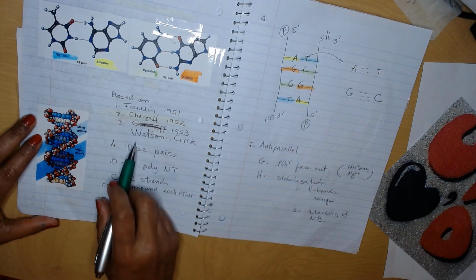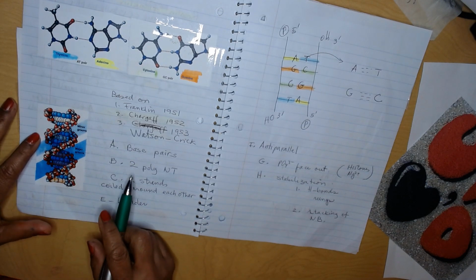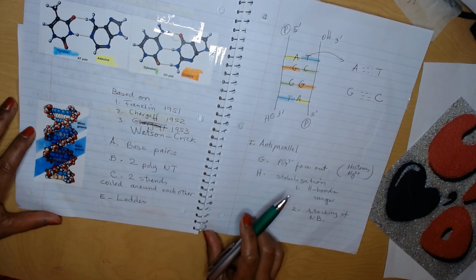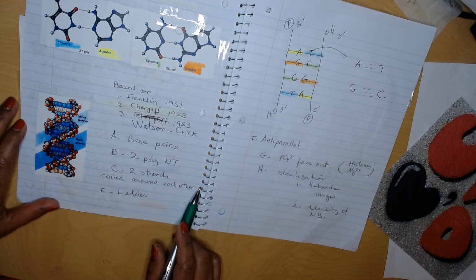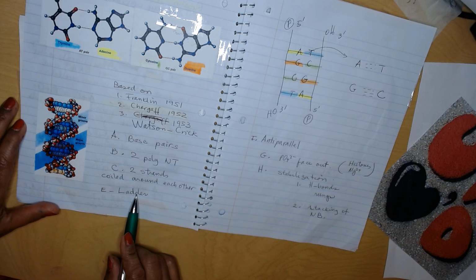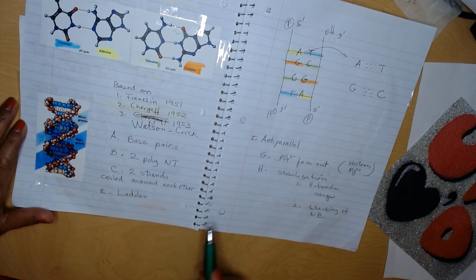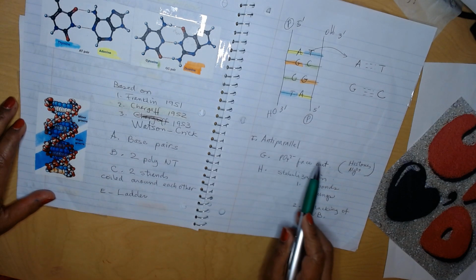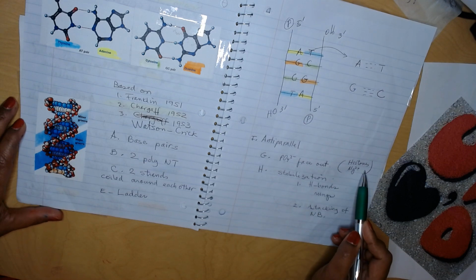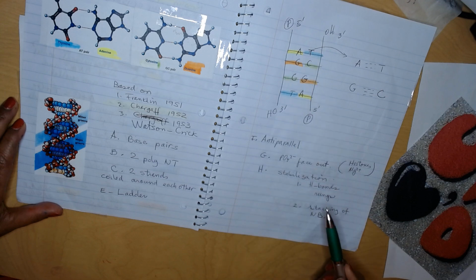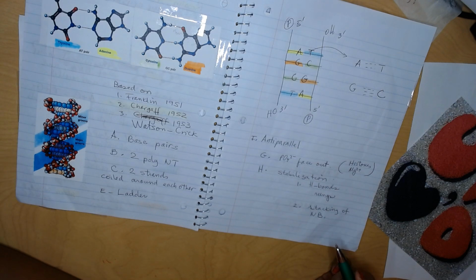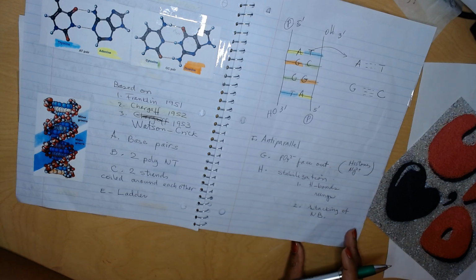So we know that we have base pairs, we know that we have polynucleotides, we know that we have 2 strands that are coiled around each other, making a ladder. They are anti-parallel. The phosphate units are facing away, and the hydrogen bonds are going to stabilize the molecule of DNA. That's one way of stabilization. The second way of stabilization is by what is called the stacking of the nitrogen bases.